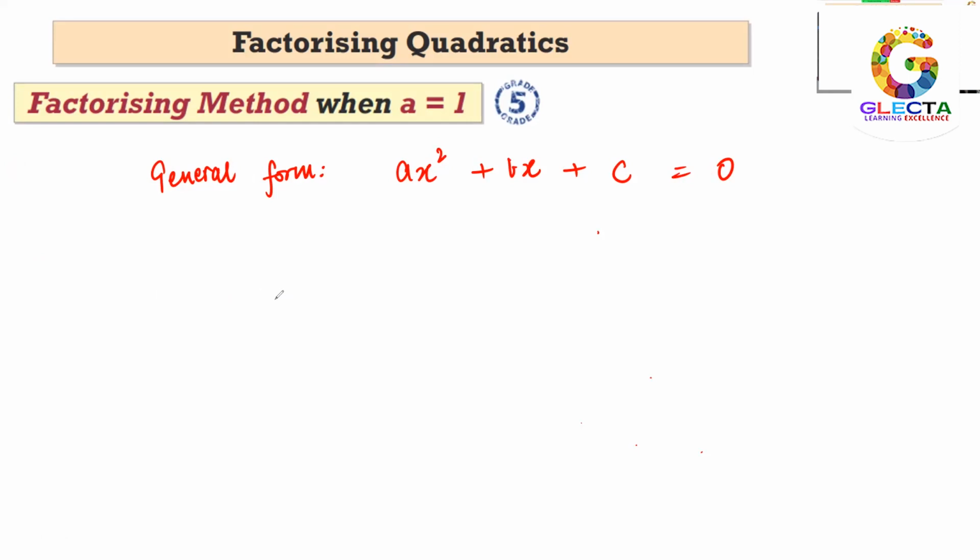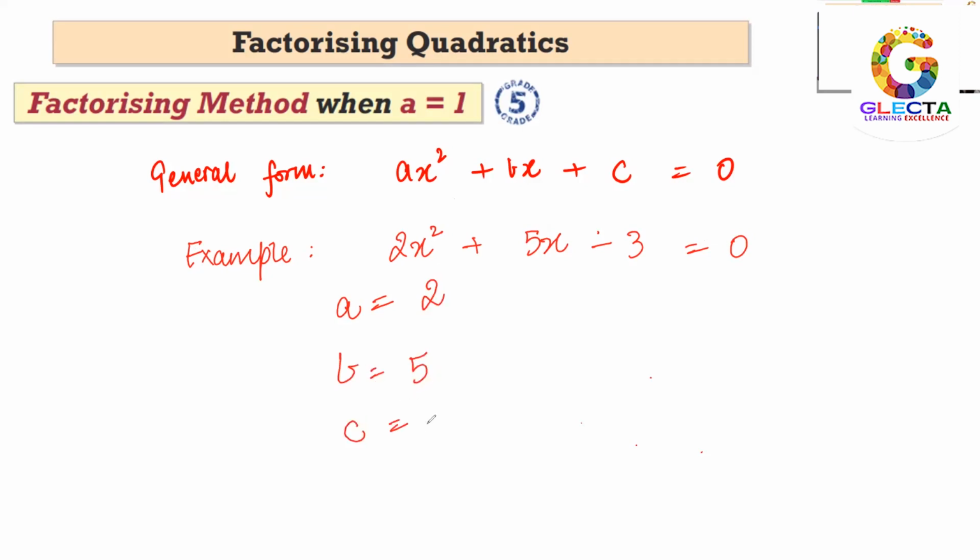For example, now, if I write 2x squared plus 5x minus 3 equals 0, over here, if I compare, a is the number that is getting multiplied by x squared. b is the number that I have along with x. And please do not forget the sign. c would be negative 3. Minus because there is a negative sign in front of 3.